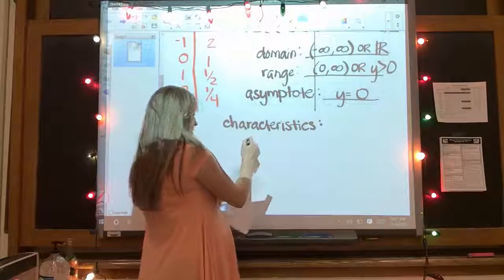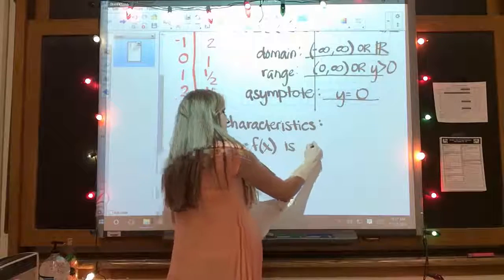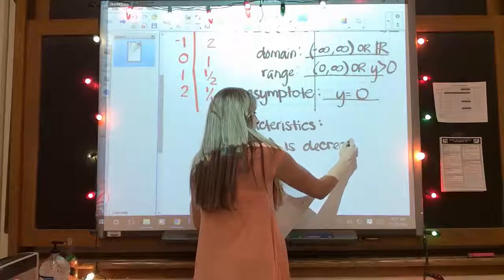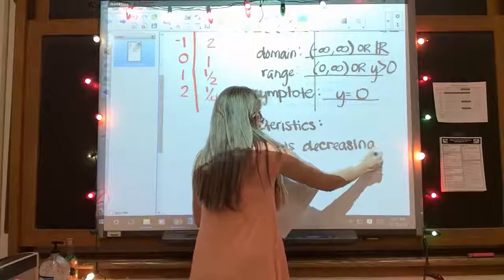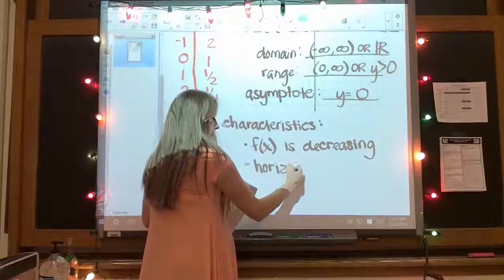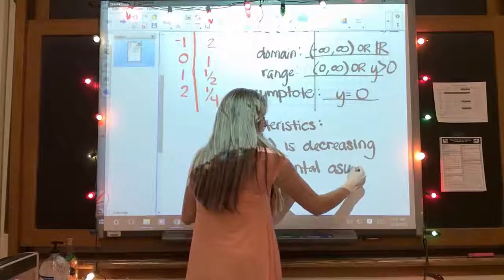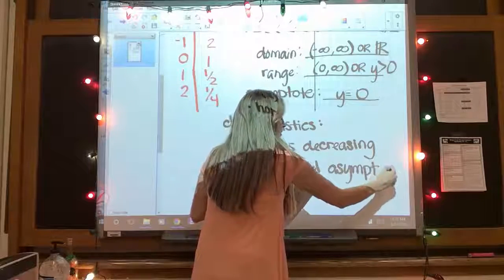So a characteristic would be that f of x is decreasing this time, and that you have a horizontal asymptote at y equals 0.